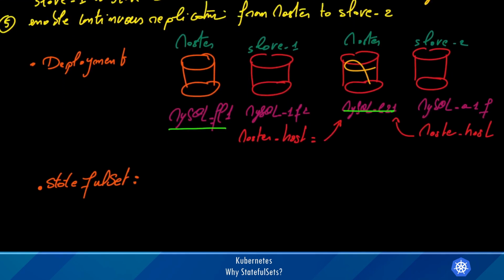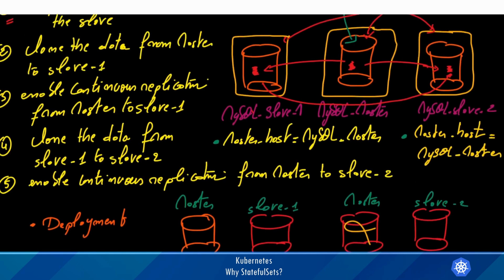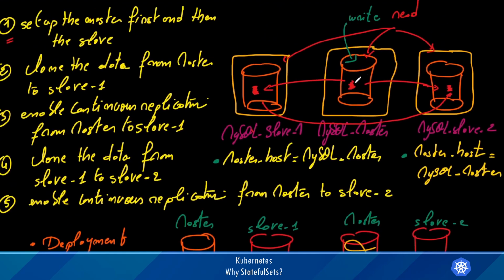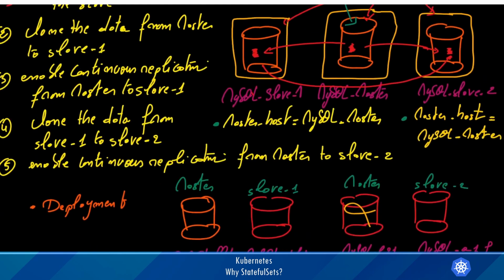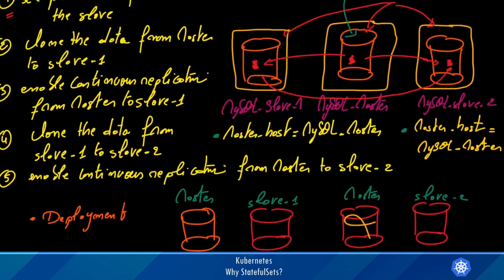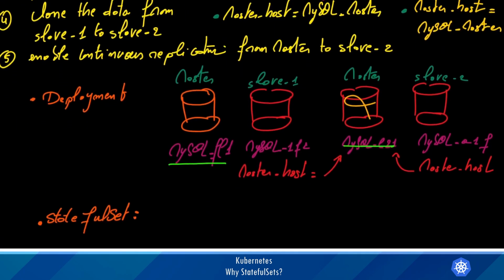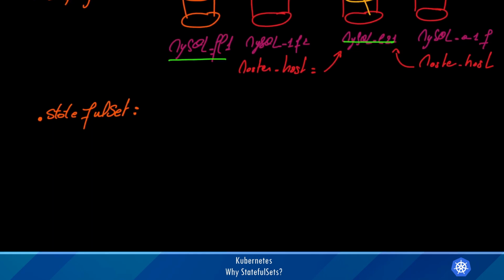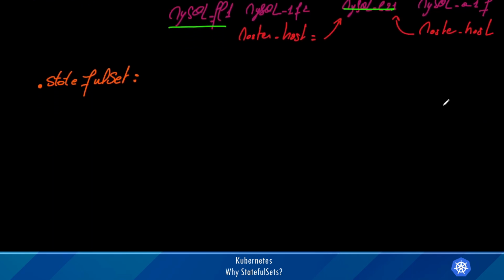We said earlier that we have to deploy those instances in a sequential order. So first of all, the master should come first, then slave 1, and then slave 2. That can't be done using the deployment, but can be achieved using the StatefulSet object, because with the StatefulSet object, the pods will be created in a sequential order.